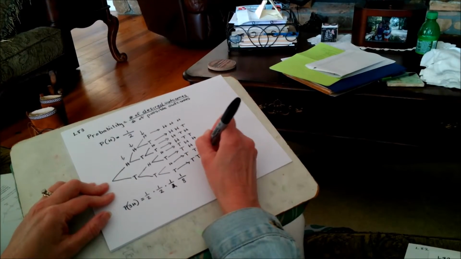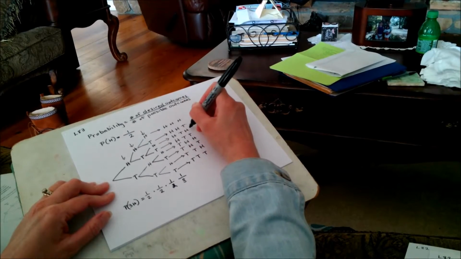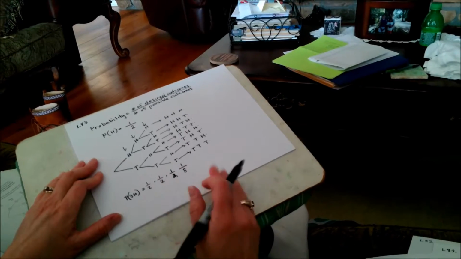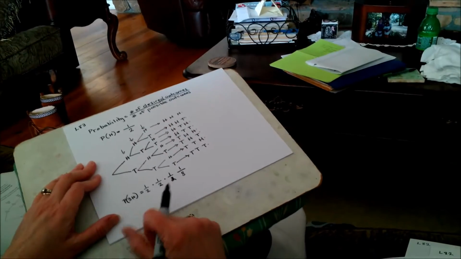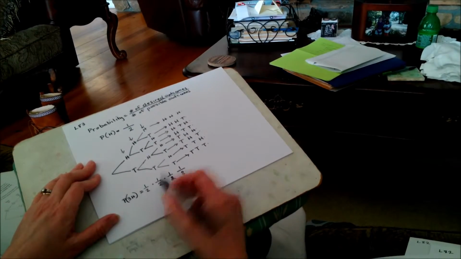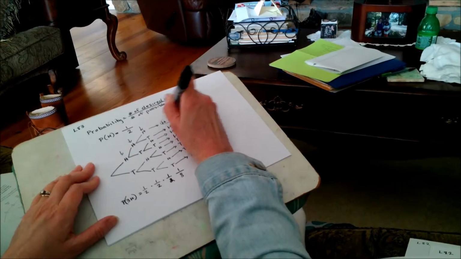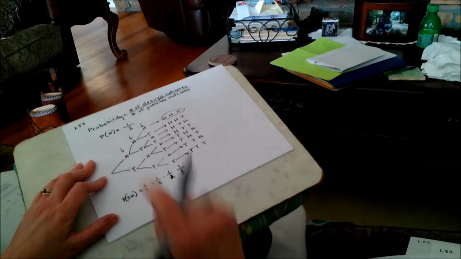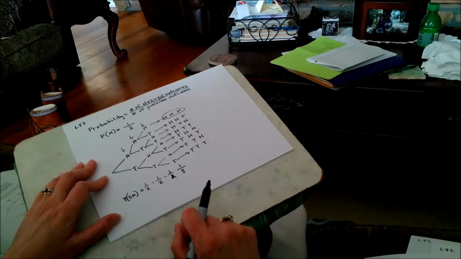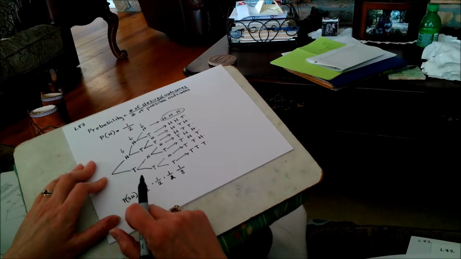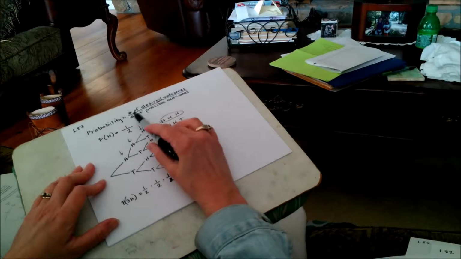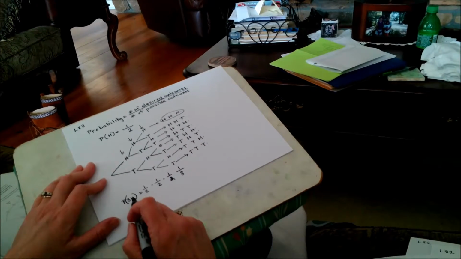Tail, tail, tail. I've got 1, 2, 3, 4, 5, 6, 7, 8 possible outcomes flipping a coin 3 times. I've got 8 possible outcomes. The one that I am looking for is where heads shows up every time, and that's only one of those possible. So the probability is the number of desired outcomes over the number of possible outcomes.